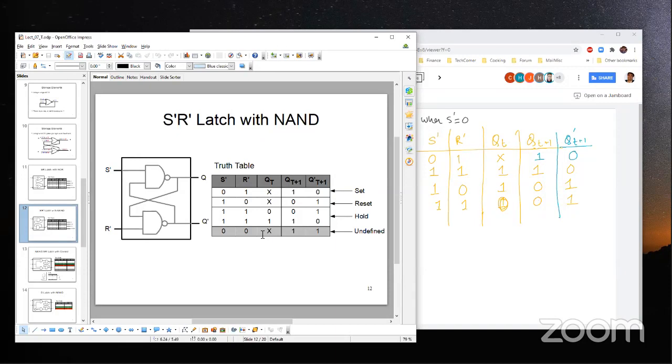So we don't know who actually wins the race between these two signals. We cannot predict deterministically what the value is going to be if we make it a hold configuration after 0, 0 is applied. So that's why it is an undefined condition. So far, so good.